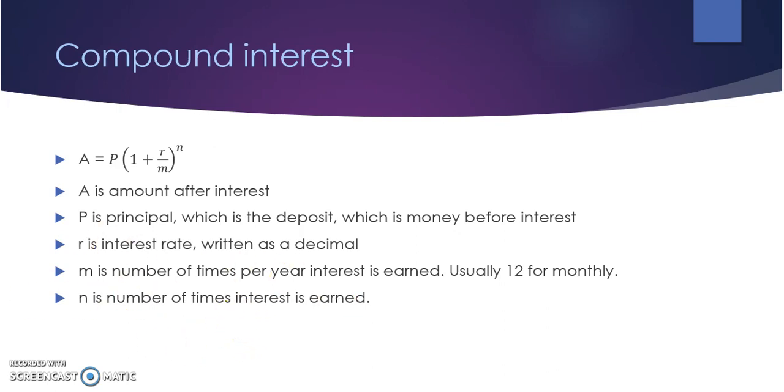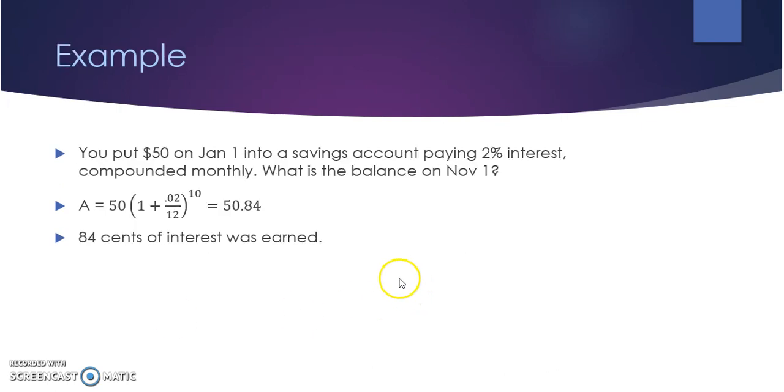So here's our previous example made into a compound. I put $50 on January 1 into a savings account, paying 2% interest compound monthly. What's the balance on November 1st? So $50 is the principal. The interest rate is 2%.